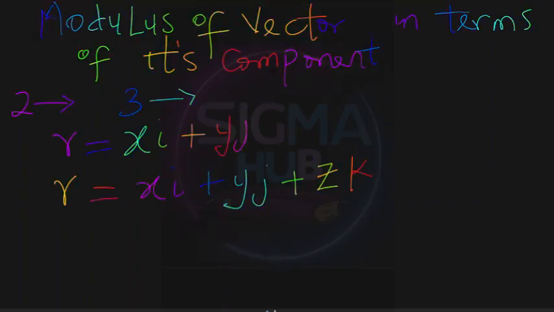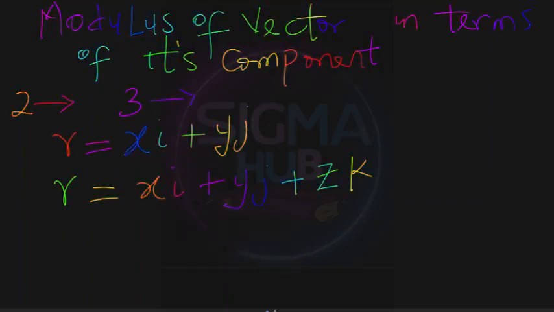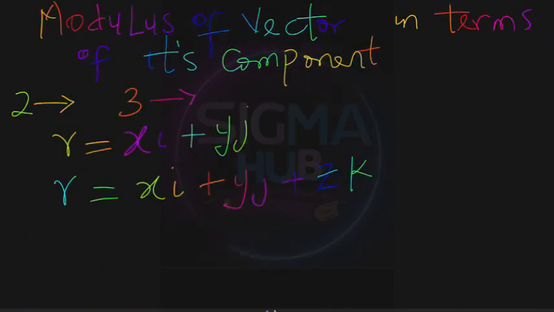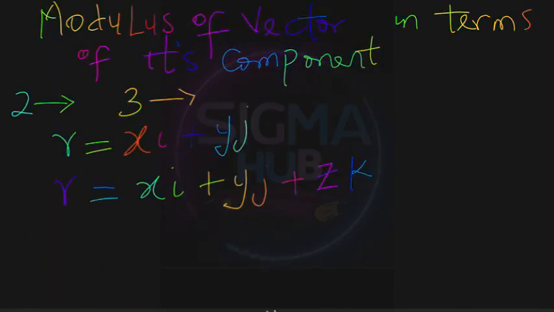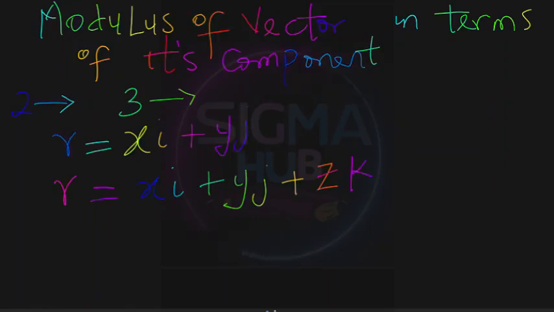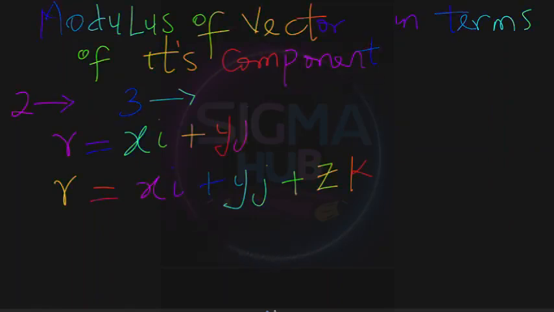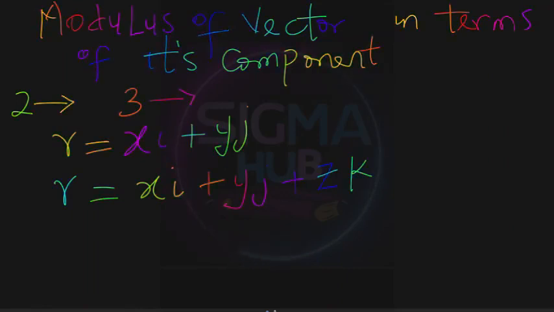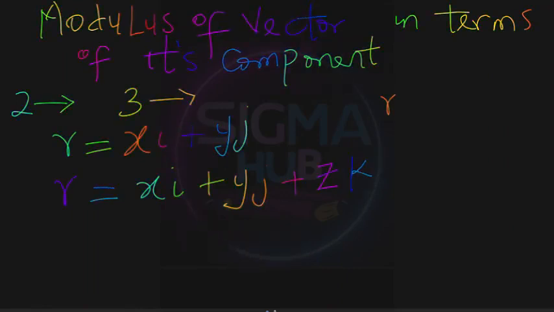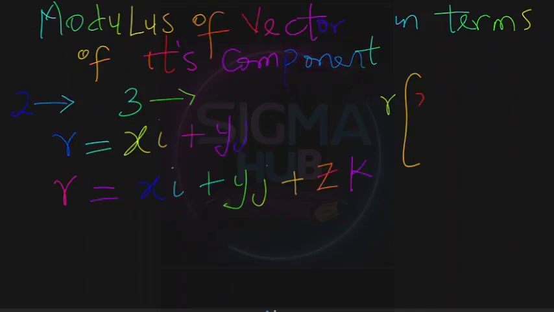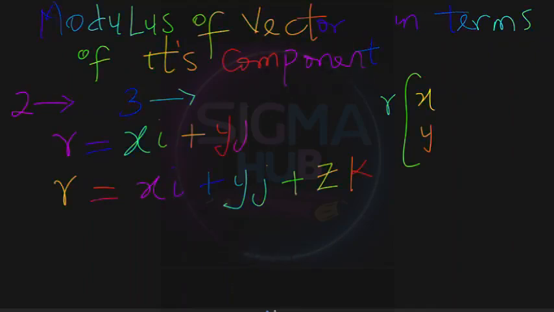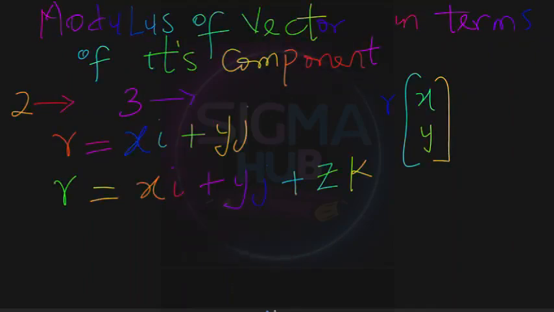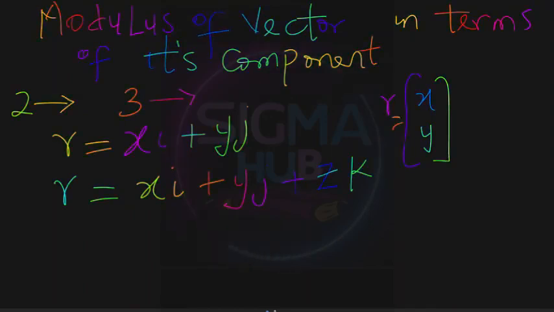Also, a vector in terms of its components can be written as a column vector. A two-component column vector is written as vector R equal to x, then y. This is a two-component vector.